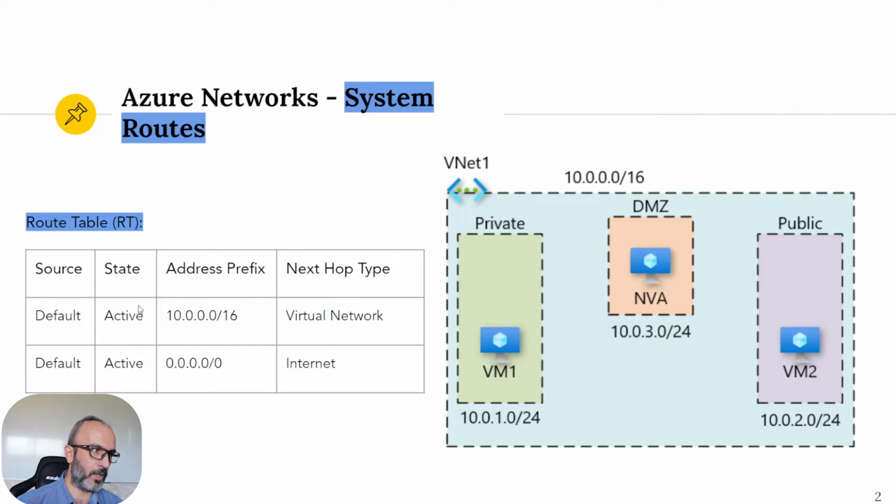So a normal routing table, after creating the VNet, would have a route to 10.0.0.0/16, which is the address space in our case, and also a default route toward the internet.